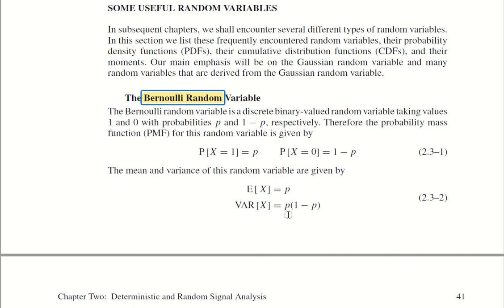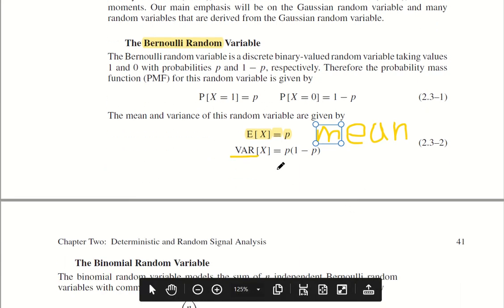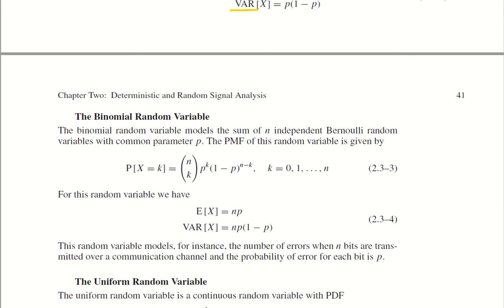The first is the expectation, which we sometimes also call the mean of a random variable, and the second is the variance. Here is the equation for the Bernoulli random variable.